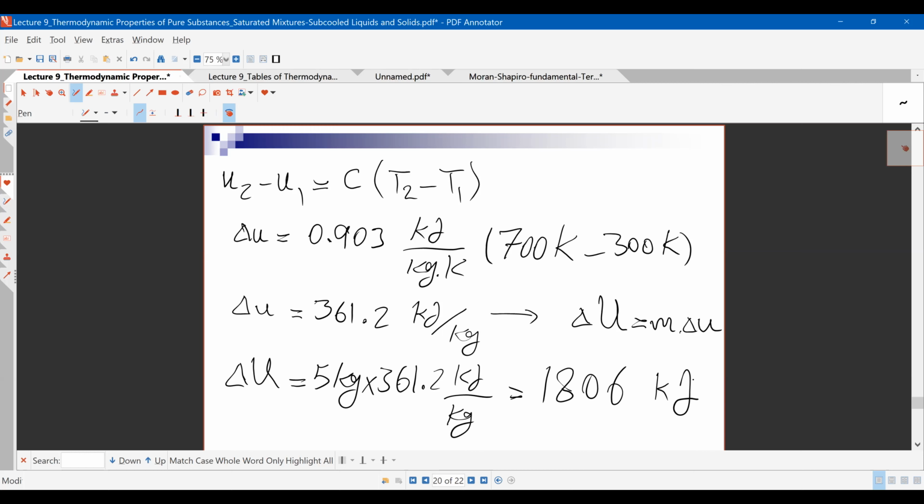All right, so in order to increase the temperature of this aluminum bar from 300 Kelvin to 700 Kelvin, we need to heat it up by 1806 kilojoules of heat.